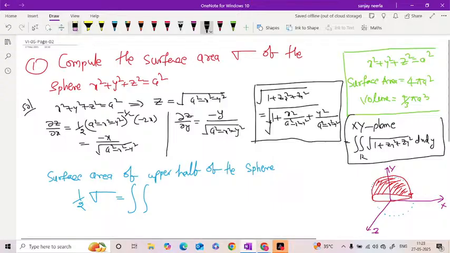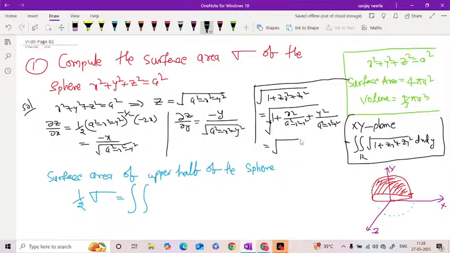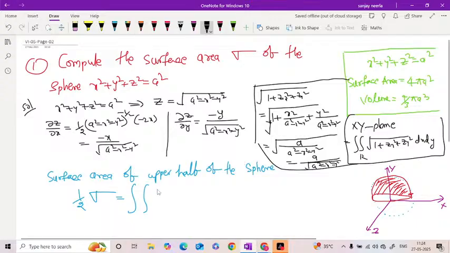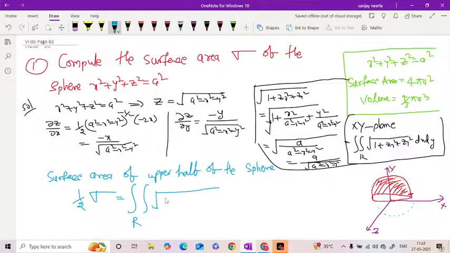After simplification, x square and y square will cancel. We will get only a by a square minus x square minus y square. That means under root of 1 plus zx square plus zy square into dx into dy.